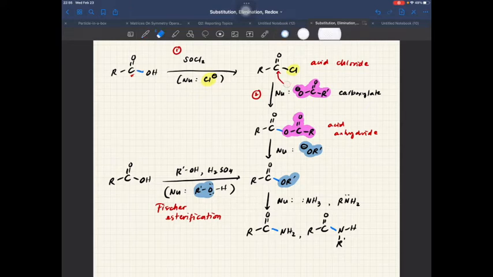Let's draw a blue bond to indicate that what we have formed here is a stronger bond or a non-polarizable bond. In this case, the carboxylate nucleophile will replace the chloride leaving group.